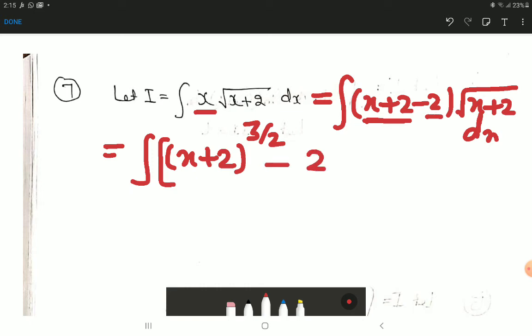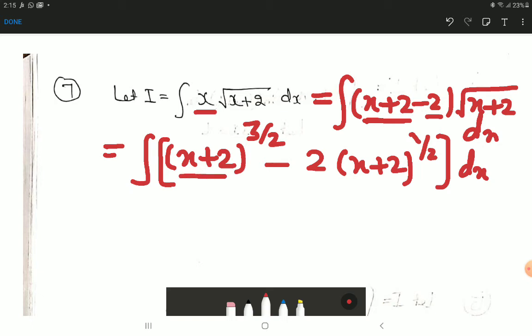So 2 times square root means half power, (x + 2) whole power half dx. So now you can use the formula for integration of x raised power n. Only thing is, in place of x we are having another linear expression. Then we will have to divide by the coefficient of x. But by chance the coefficient of x is 1, it means we don't have to divide by any meaningful quantity.